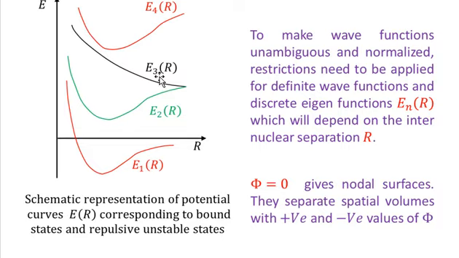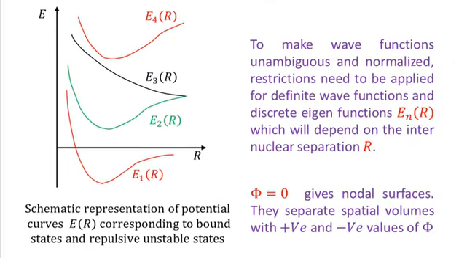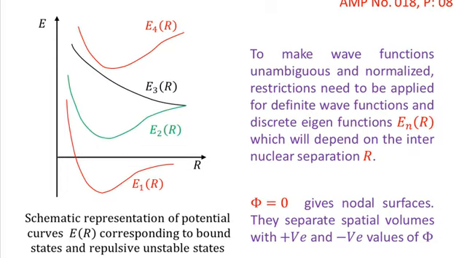This potential, which is represented by E3, is a repulsive unstable state. Repulsive unstable state. And similarly, we have E4, which may be regarded as a stable state, but it is not a bound state because it has all values which are positive.